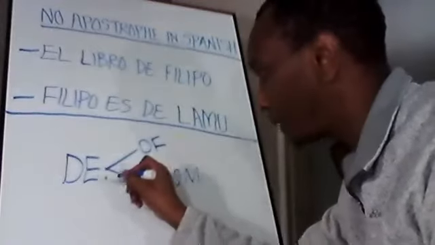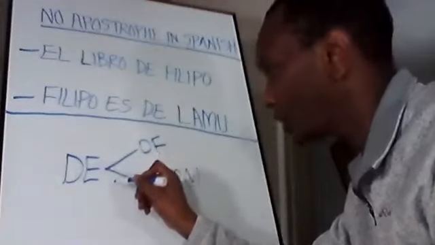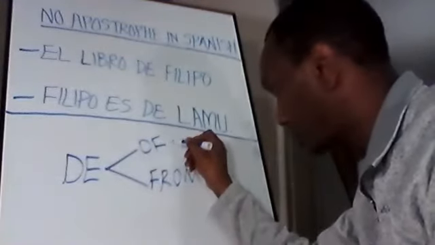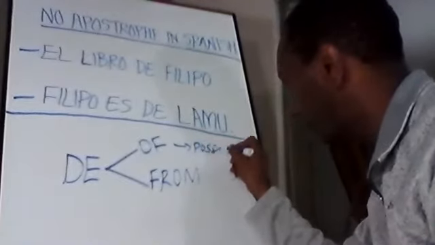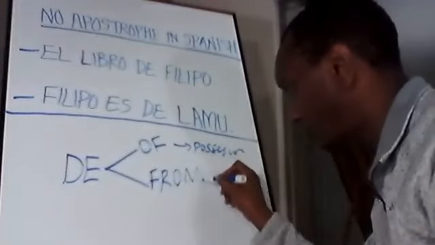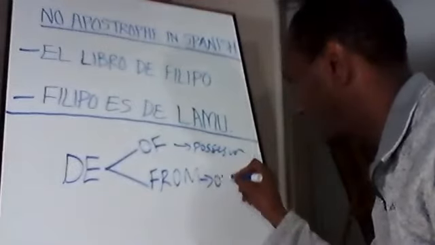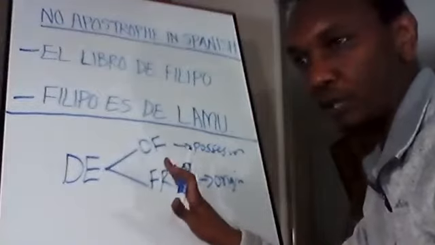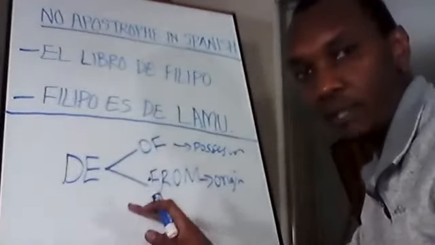So the preposition de, pronounced de in Spanish, means number one, of, denoting possession. And from here down, from, it means origin. I want to get that very clear as we start.